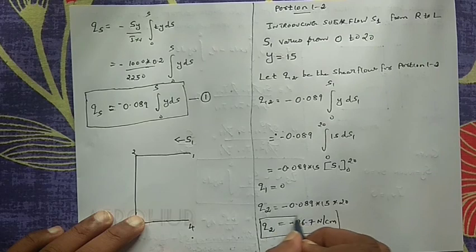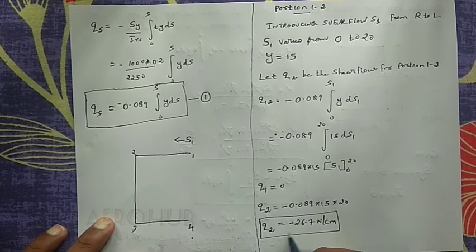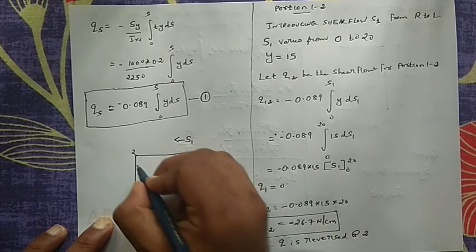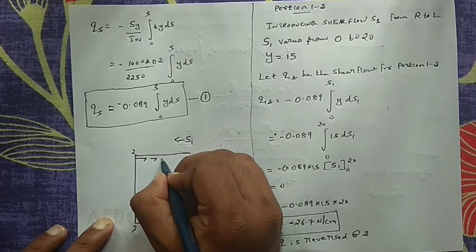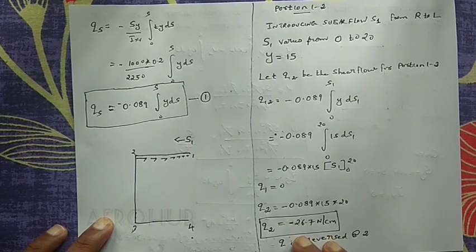And you can see we assumed a shear flow from right to left, and at point 2 the value is negative. Therefore, we will be getting a reversed shear flow. The shear flow Q is reversed at point 2, so we will be having this value as minus 26.7, and it is slowly decreasing to 0 at the free edge.